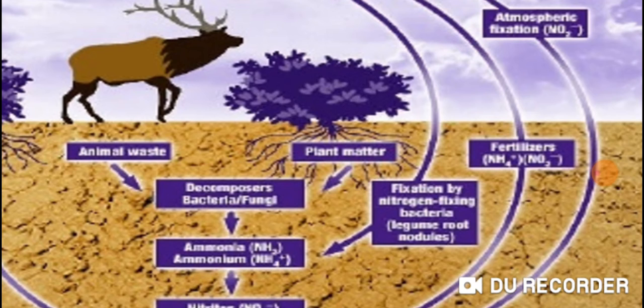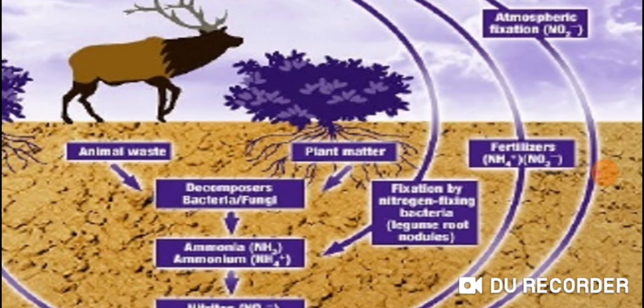So the second step, nitrogen assimilation. It is the form of nitrogen or nitrogenous compounds in the processes of the body, for example, in the form of animal proteins. This is how animals convert nitrogen into animal proteins, and plants convert this nitrogen into plant proteins.